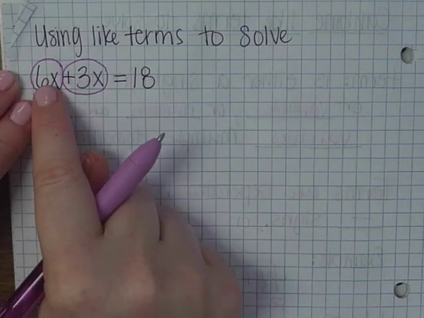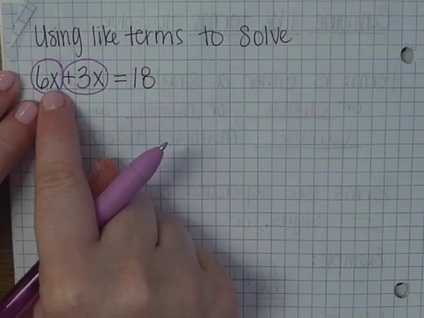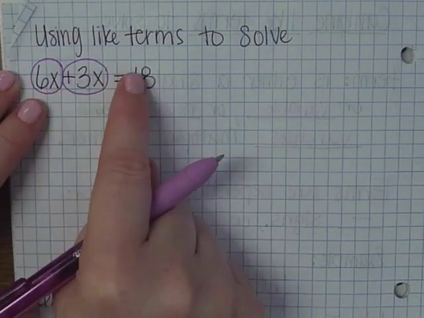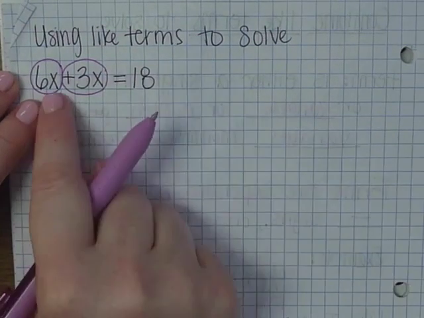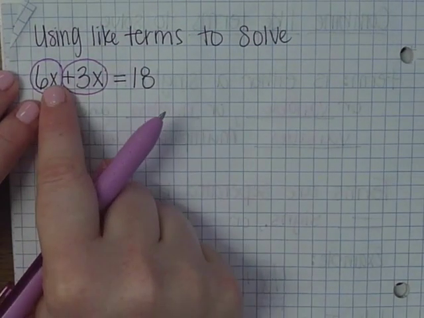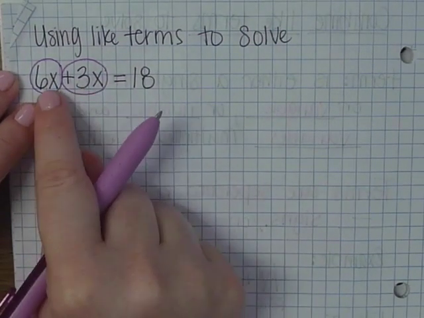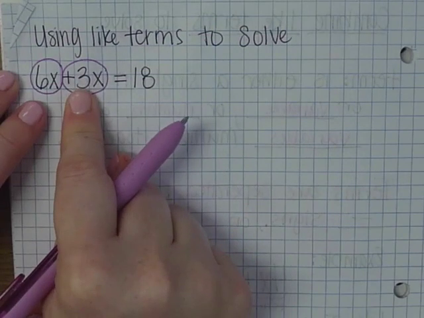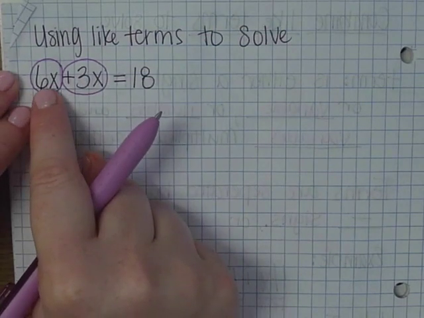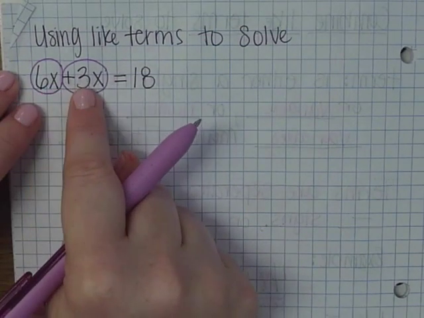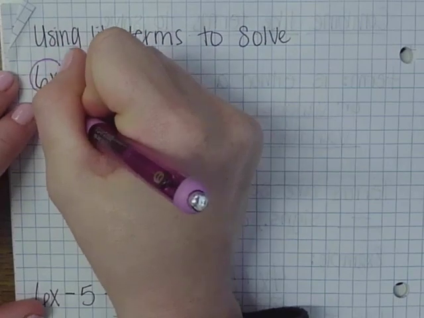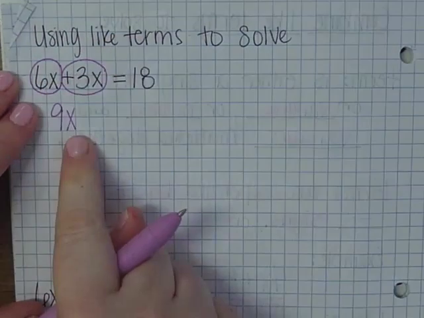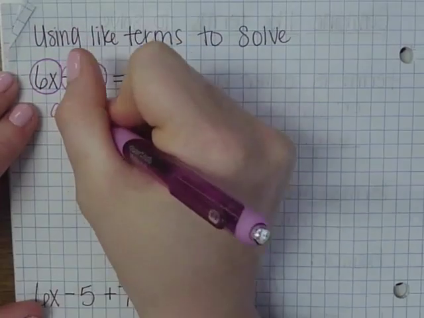Those are like terms. They have the same variable and the same power. There is no power written. So I'm going to combine like terms. So 6x plus 3x. Well, if I have 6 apples plus 3 apples, I would have 9 apples. And you still have to tell me that it's apples.